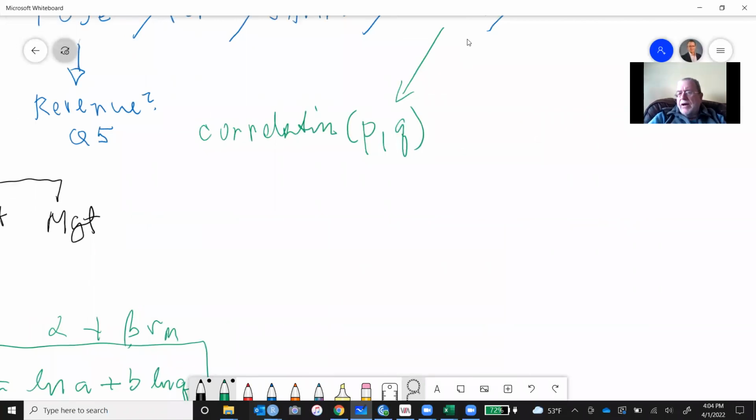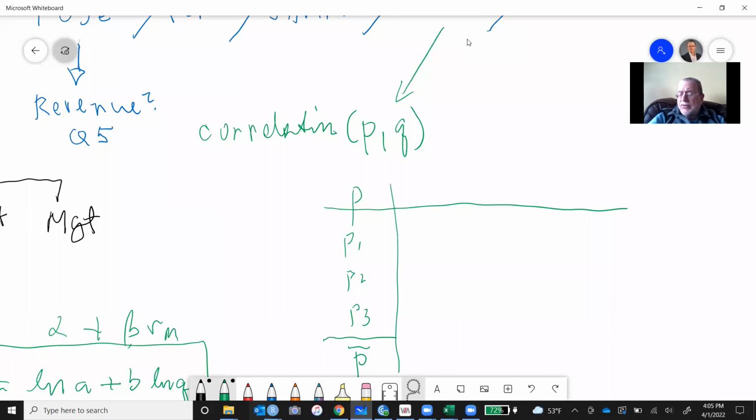So here's the wire diagram for a correlation. We might have three prices. We can calculate an average price, and it behooves us, this is what we're always going to be doing in statistics, is we're going to look at how individual pieces of data deviate from an average. So we're going to compute deviation.